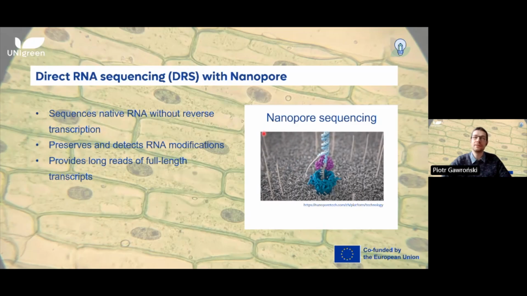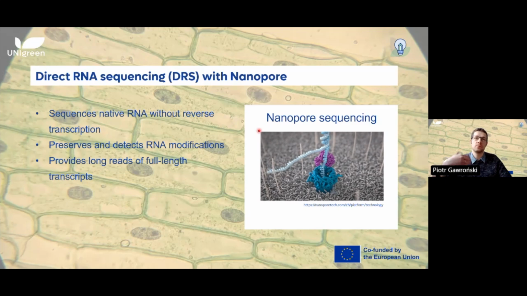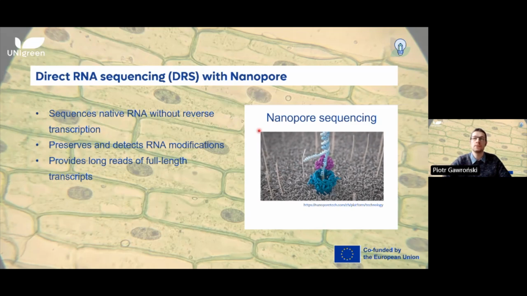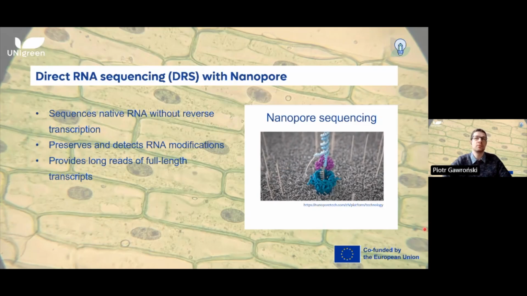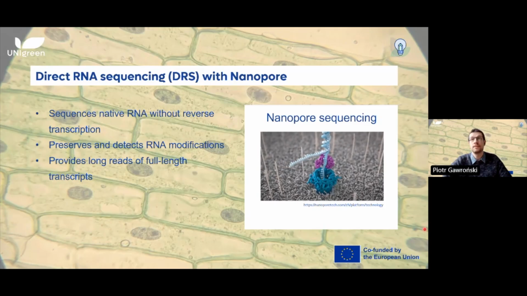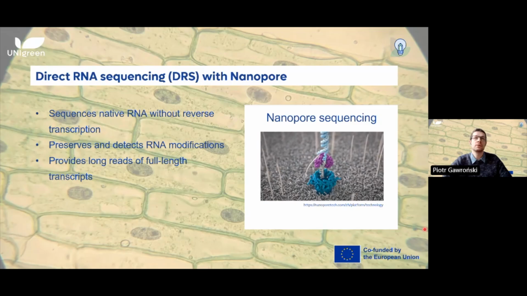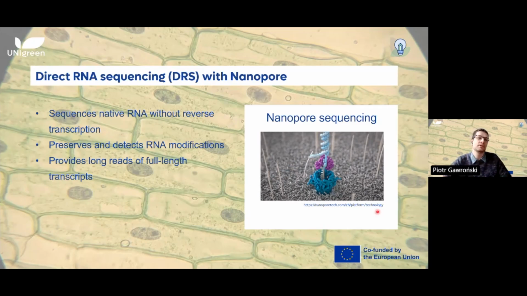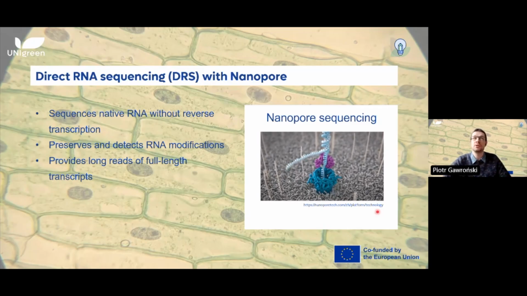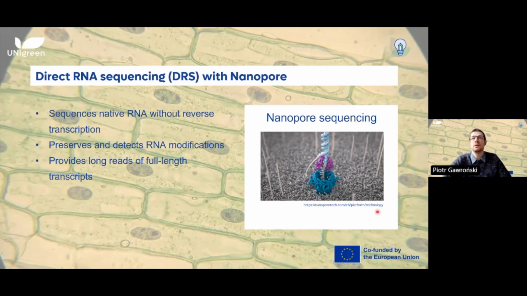However, still, as I said, this method is not optimized because it generates quite a lot of noise. However, we used it to analyze chloroplast ribosomal RNAs, which also contain multiple chemical modifications. So we wanted to test whether this approach can be used to analyze the chloroplast RNA biology.